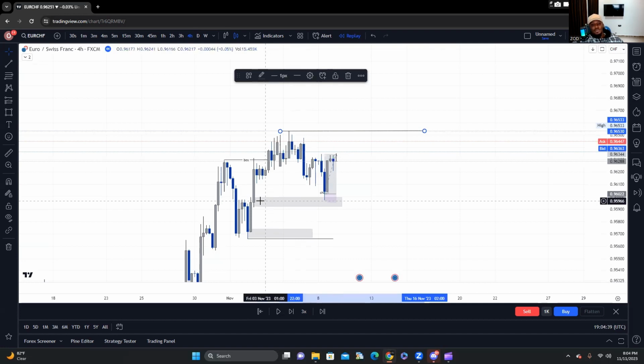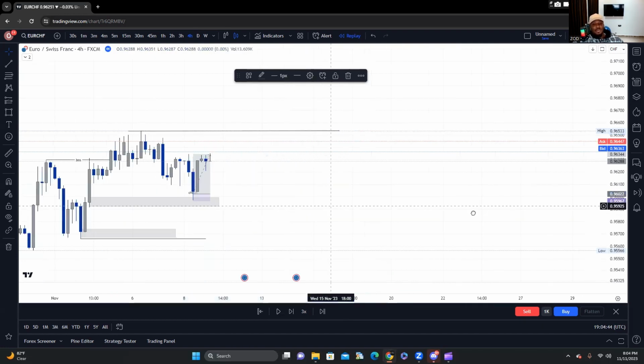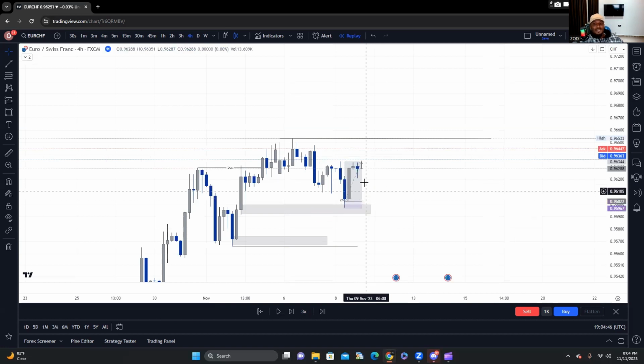So whilst price has respected our first order block, hence making us take our first trade, we anticipate that price can also make several other movements in the course of its journey to this high, and we'll be able to take another trade in the process.